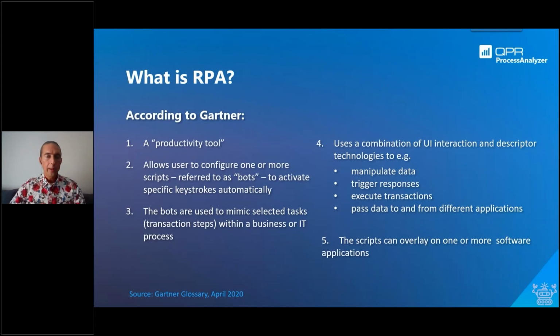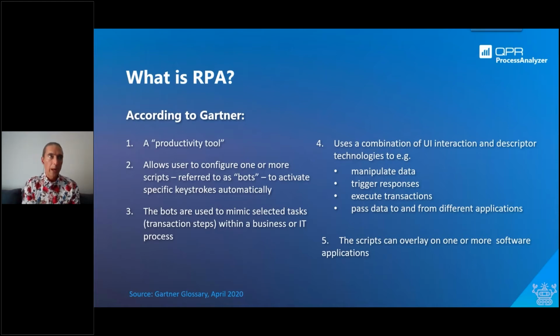All right, so what is RPA? Well, first of all, let's see what Gartner research is saying about this. According to Gartner, it's a productivity tool. So it allows computers to do manual things on behalf of humans. So basically it means that there is one single human doing one single task, and that can be replaced by an RPA bot doing exactly that particular task for exactly that particular case.